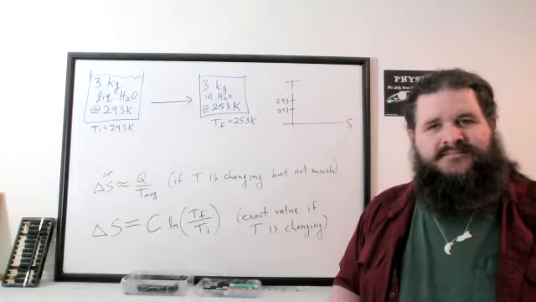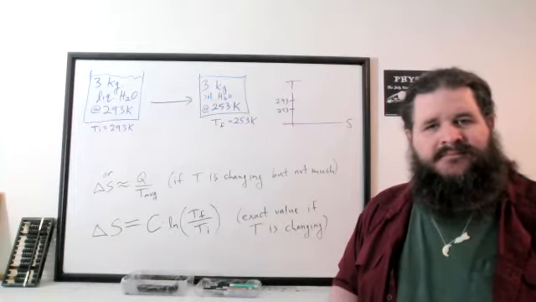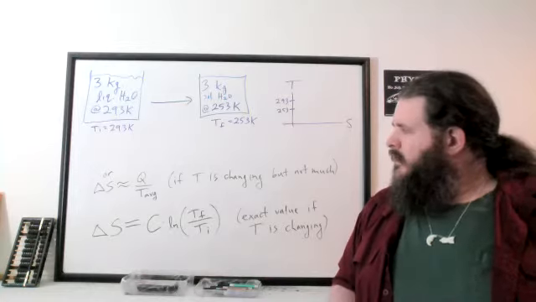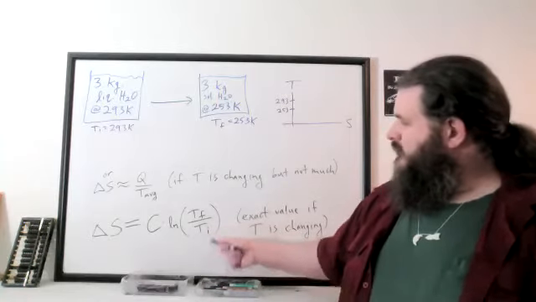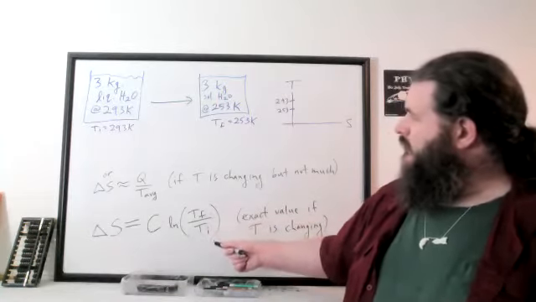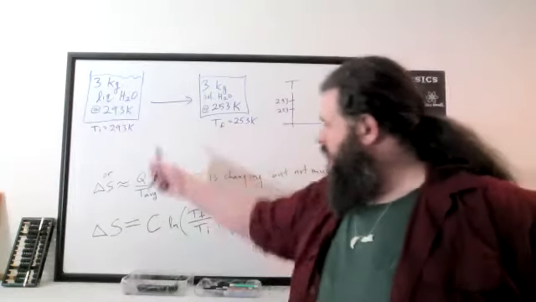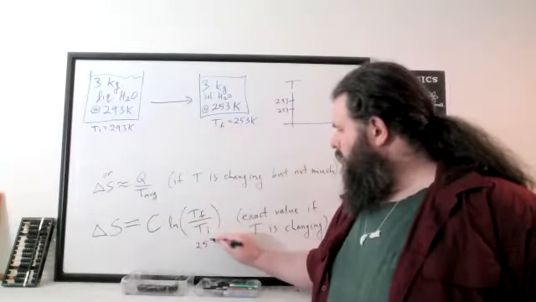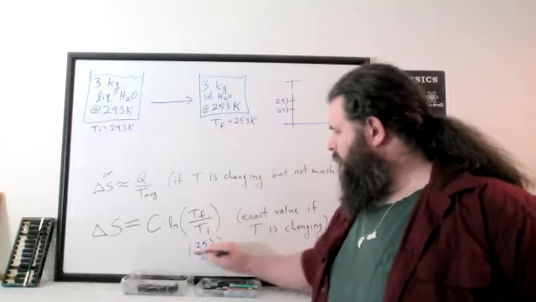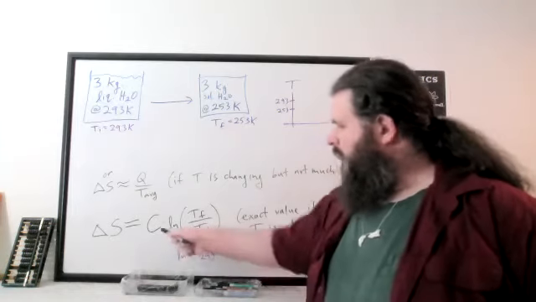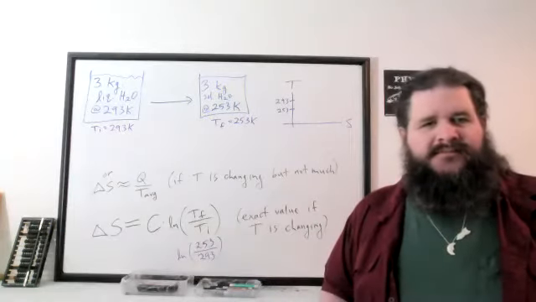Using the formula where temperature is changing, so delta S is equal to C times the log. Yeah, the temperature is definitely changing. So we'd want to use T final over T initial. So that would be 253 over 293. And the kelvins over kelvins cancels out. And what could we use for heat capacity?